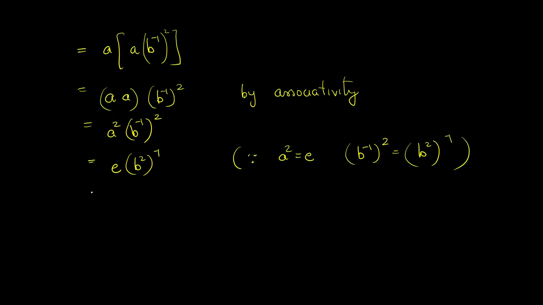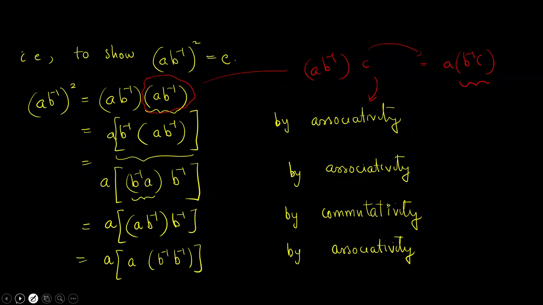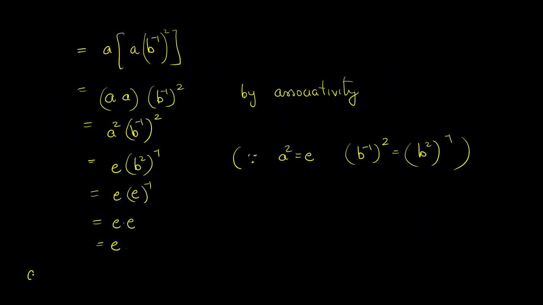Now again, B squared is actually identity, so we get identity inverse, which is identity. So what did we have here? We had that (A B inverse) whole squared is actually identity. That means A B inverse is in H.